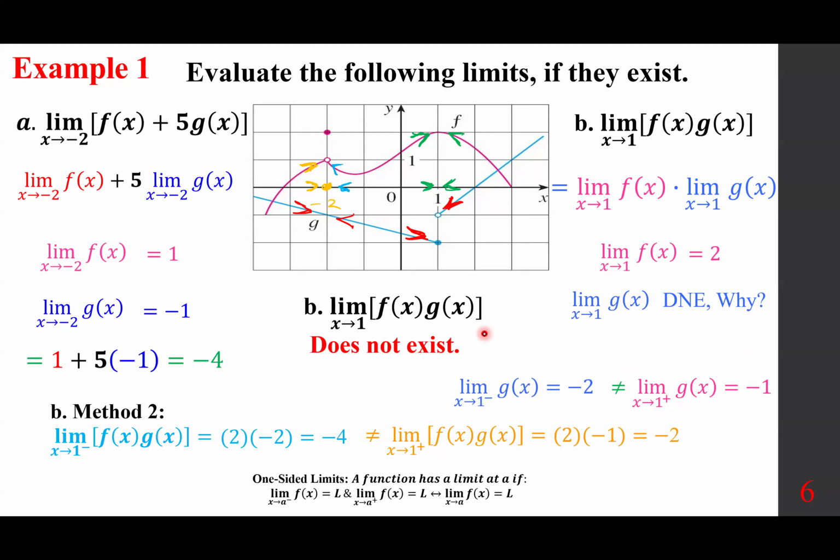Now, to make sure we understand the concept, I want to add a couple of things. And one of them is, okay, what is f of -2? Because I want to make sure you understand the difference between a functional value and a limit. Limit says when we get closer and closer to that point.